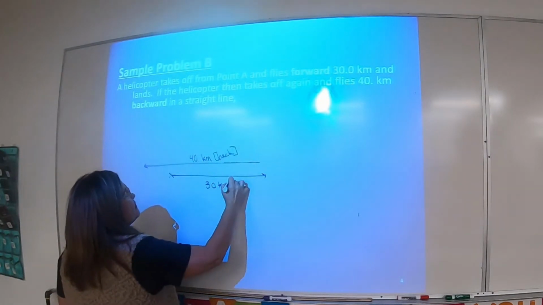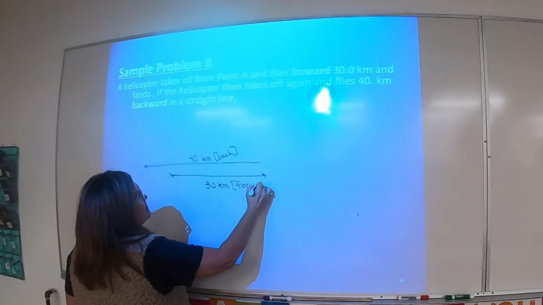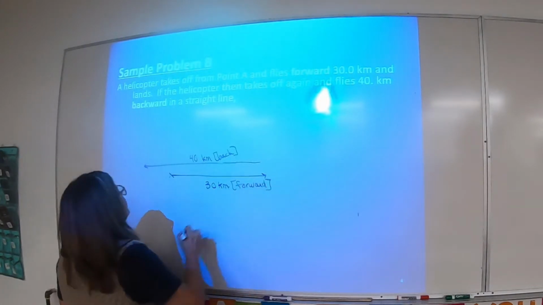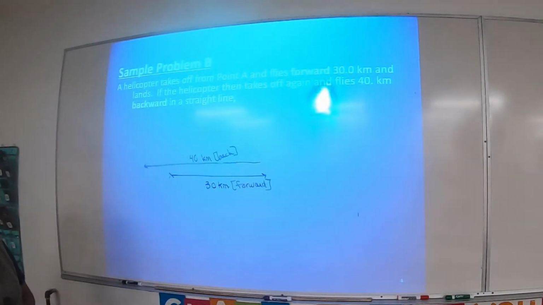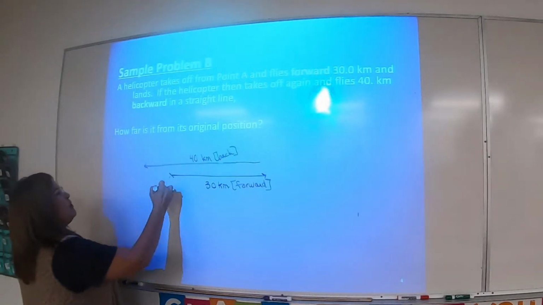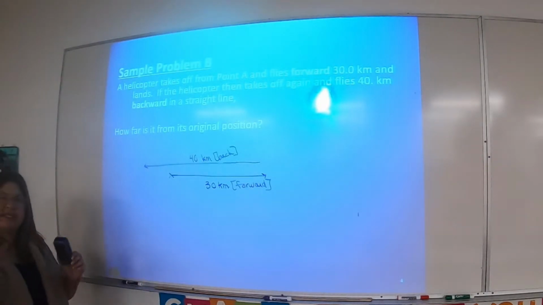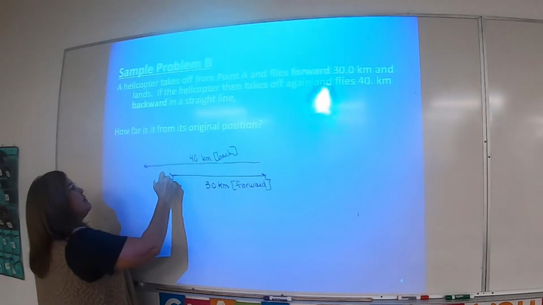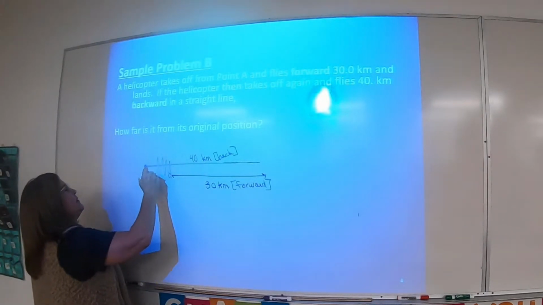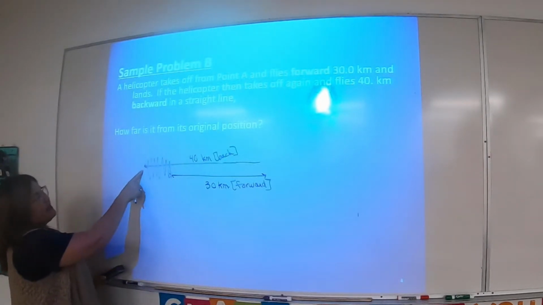This one is forward and this one is back. How far am I away from the original position? Kilometers west? Well, sometimes if it was a number line, you would see that minus in there. But if we are looking here, this is where he stopped.